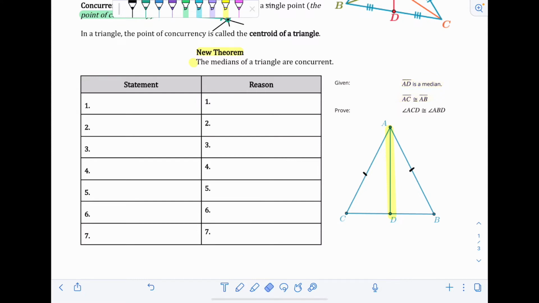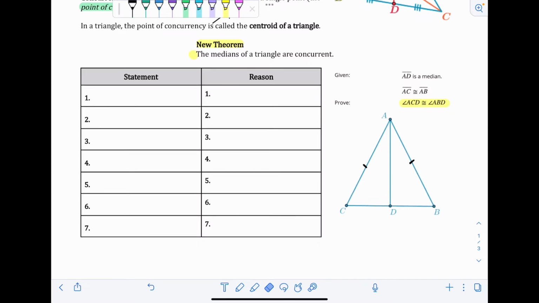Then we want to prove that angle ACD is congruent to angle ABD. Angle ACD is this angle, and angle ABD is this angle. So we're trying to prove that the angle on the bottom left and the angle on the bottom right are congruent to each other.